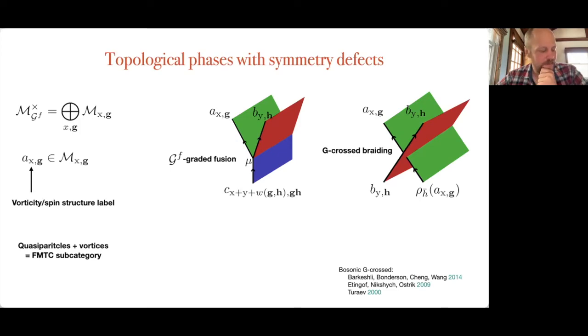So if you're familiar with string nets, a way to build a topological order from a fusion category, there's a direct extension of that to G-symmetric string nets. This was done by Lukasz Fidkowski, Fiona Burnell, and several other authors.